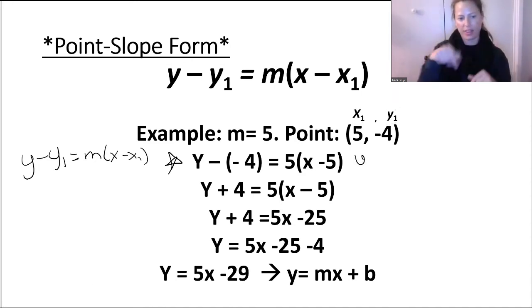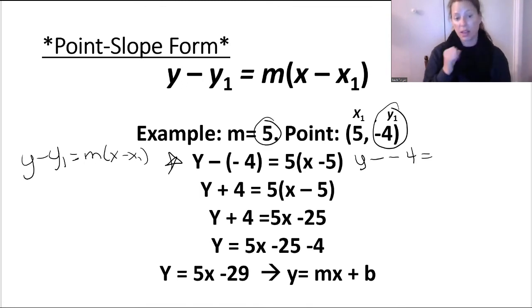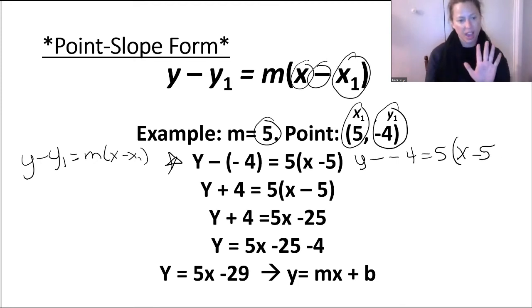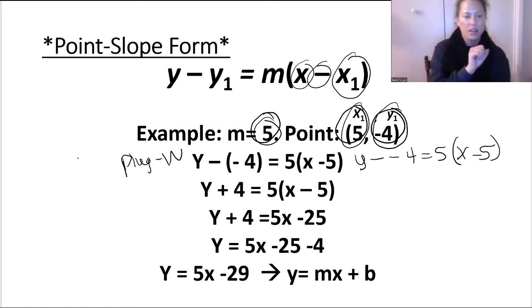Okay, so I'm going to say y minus y1, which is -4, equals, my slope is 5 times x minus, because it's x minus x1, and my x1 is 5. Okay, so all I've done so far is plug in those 3 numbers, my slope, my x1, and my y1.